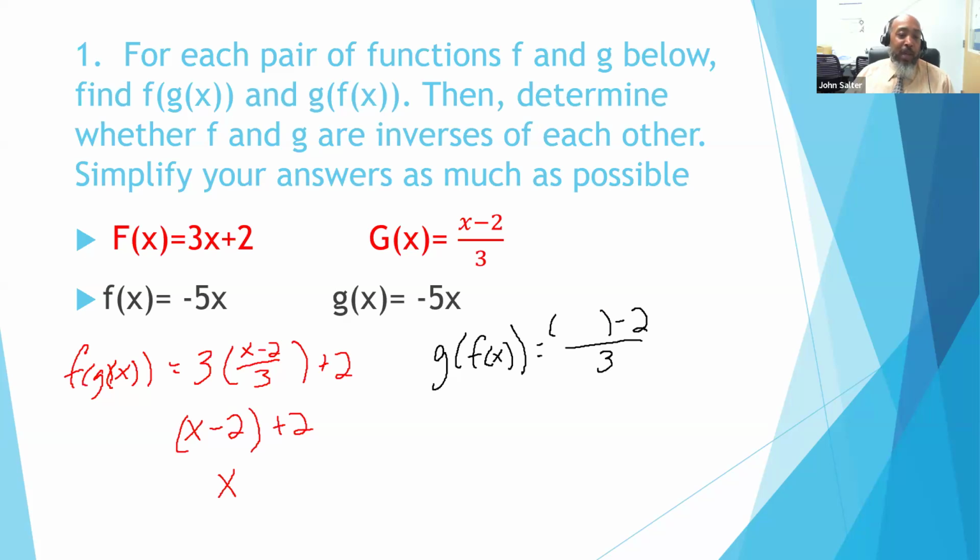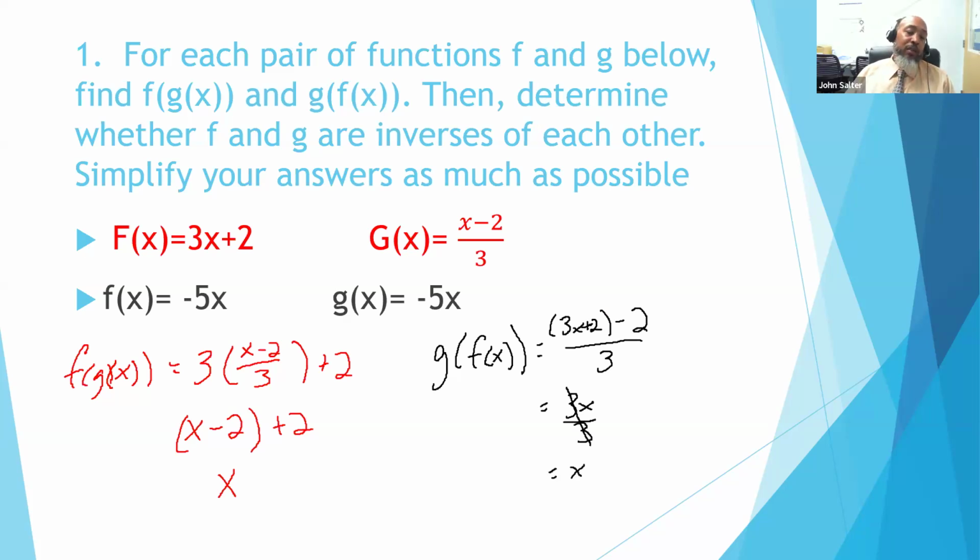And that value is going to be my f of x function, which was 3x plus 2. I have plus 2 and minus 2 on the top, so I'm simplifying that down to just 3x. I have a 3 on top and bottom. Those can cancel, leaving me with x.